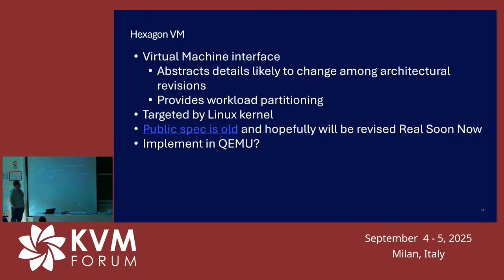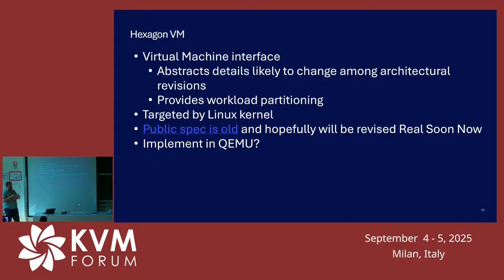The Hexagon VM. There is a virtual machine interface for Hexagon that's been specified, and that's what was targeted by the Linux kernel port for Hexagon. It has a lot of details so that instead of having an architecture that is, let's say, set in stone, the ISA and to some extent some of the ways that the hardware works might change in some backwards compatible ways, and has changed in some backwards compatible ways.